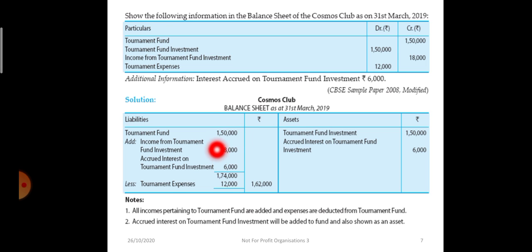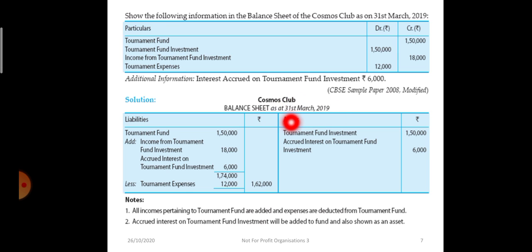So all the incomes will be credited to the tournament fund, or we can say added to the opening balance. So 1,50,000 plus 18,000 plus 6,000 is 1,74,000, minus the expenses 12,000, so 1,62,000. Now see, the total of asset side and credit side will not match. Okay, it is relevant information only.